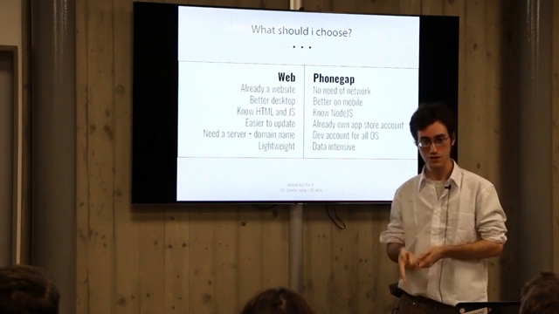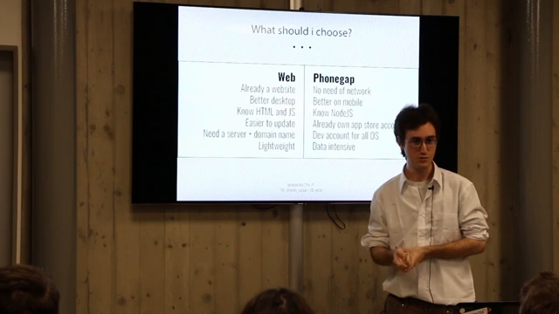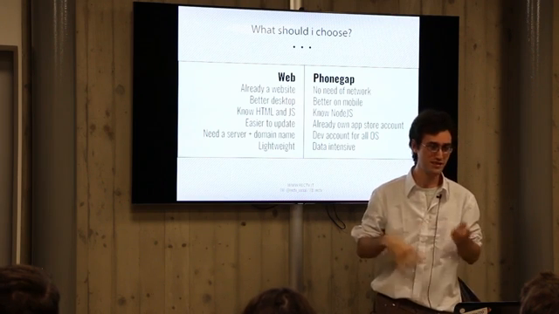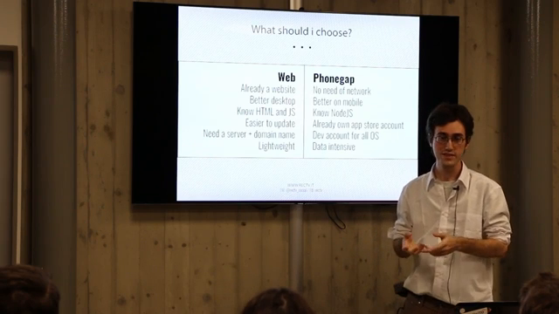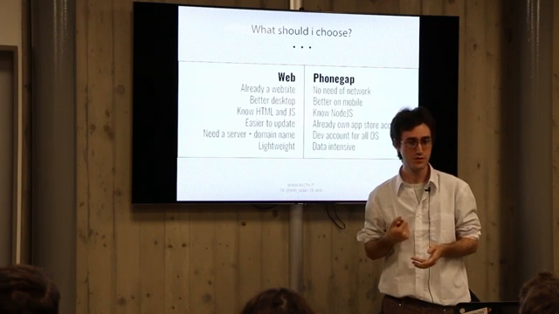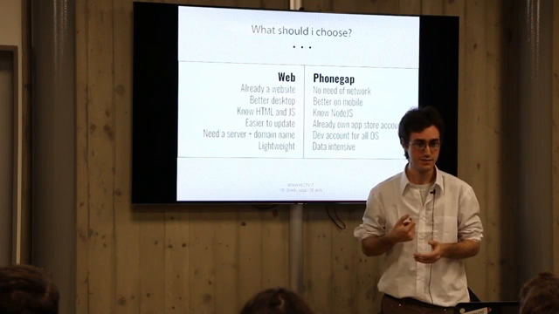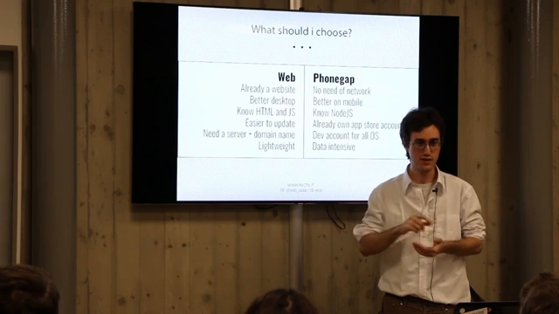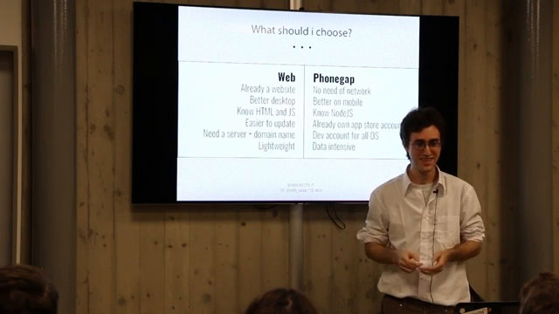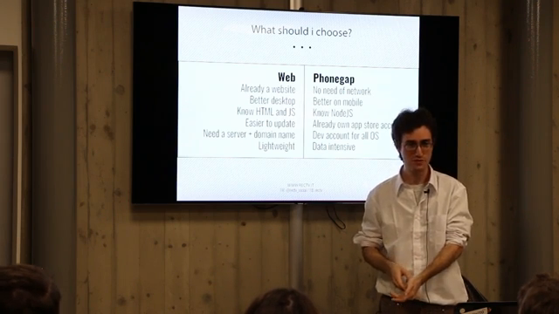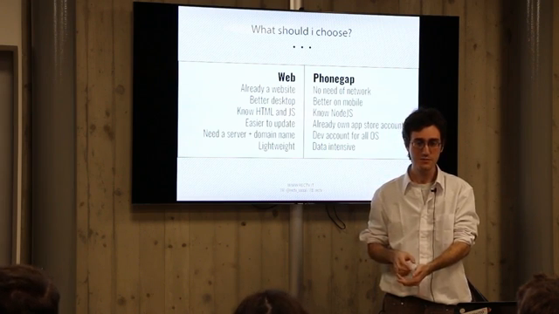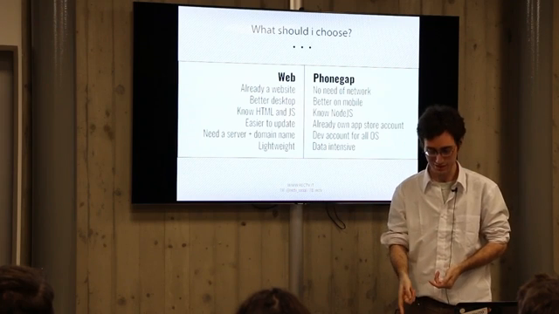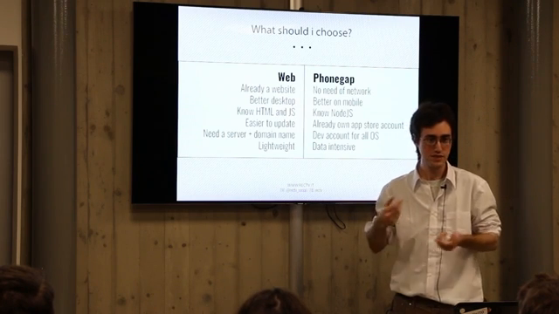Because when you are on the phone, it's easier to get the contacts, the position, and all the data. If a website asks for your position, you will probably deny it. No. If Google wants to know my position when I search, no. When I search on the mobile phone, the app simply doesn't have to ask. It just asks the phone where I am, and the phone simply says.